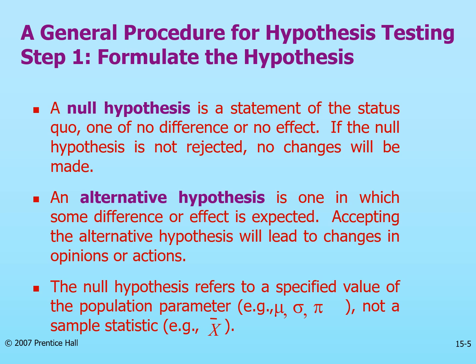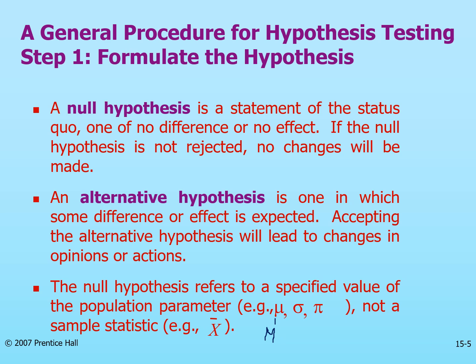The null hypothesis refers to a specified value of the population parameter, where the mu, this is known as the mu. This is pronounced as mu.